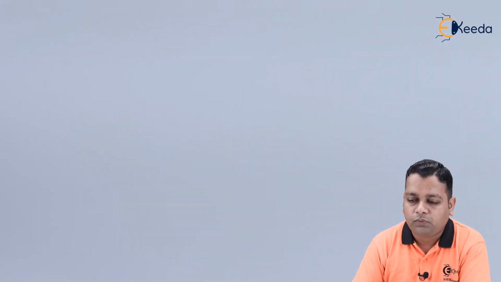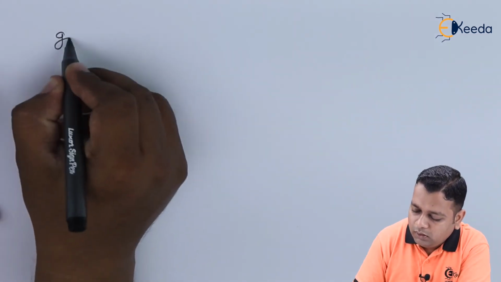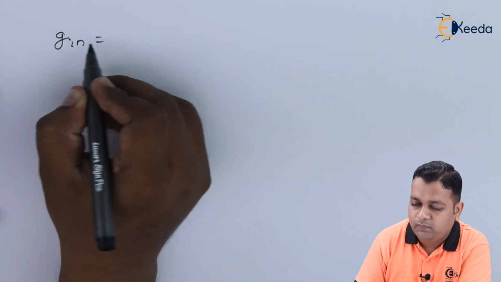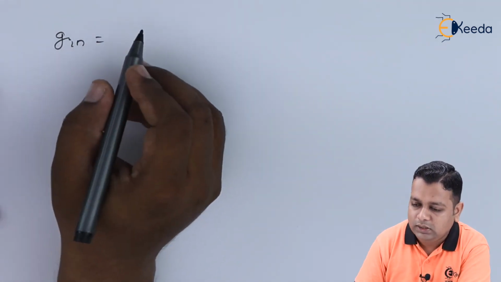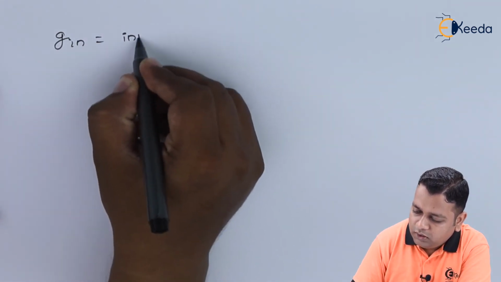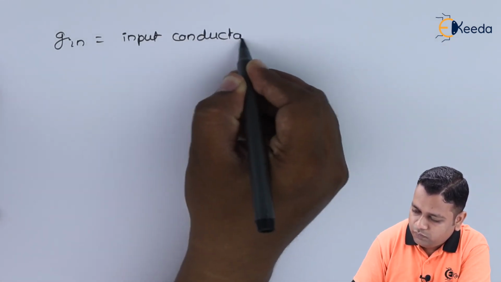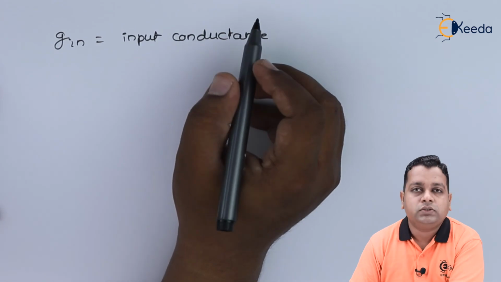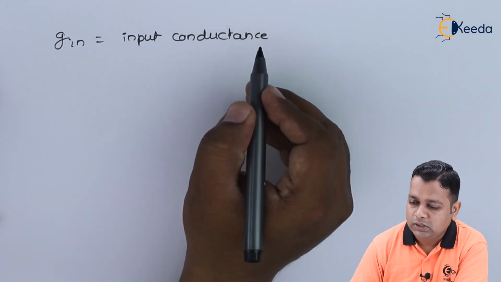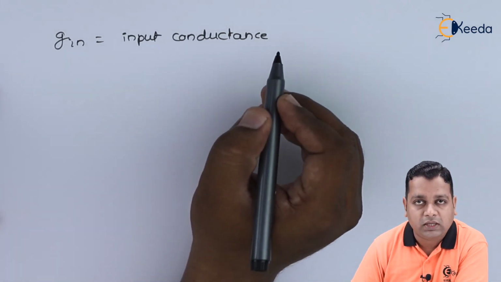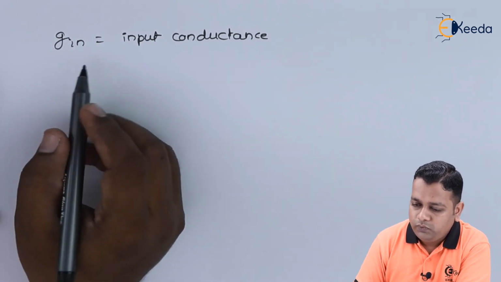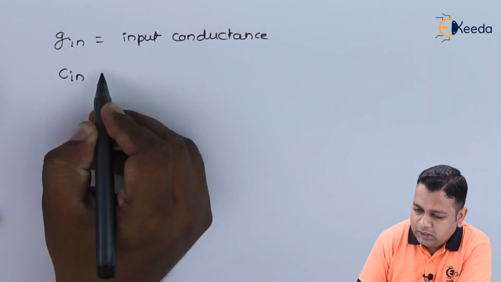So here we first of all mention G suffix IN. G suffix IN is the input conductance. So this is the input conductance due to the leakage current, we can say. Now we have C suffix IN.